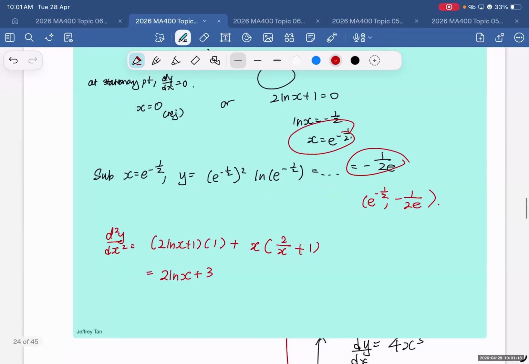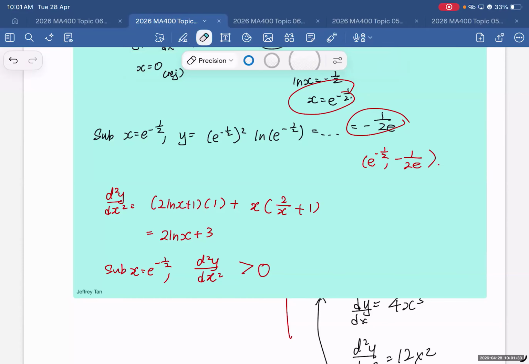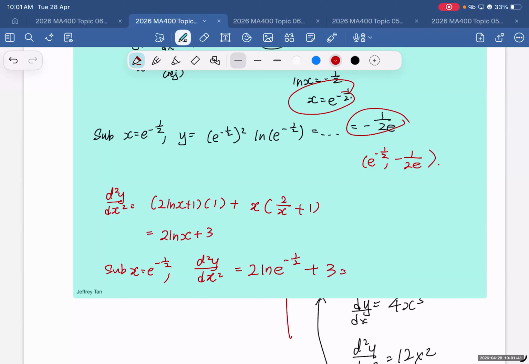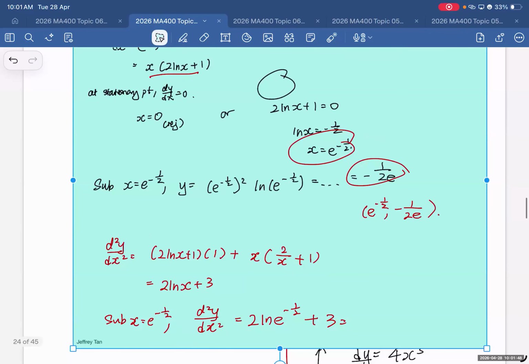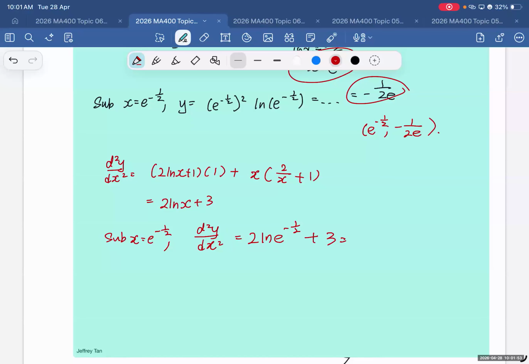So after that, you sub x to be e power negative half. Remember, don't just write down the expression. Some people like to write this, and this one will get marks deducted. You need to find the numerical value. So I'm talking about question 4.4. You need to legitimately sub in. Don't scam people. There's nobody to scam except yourself. You scam me of the working, then the teacher will scam you back of the marks.